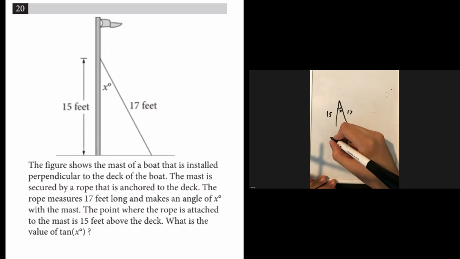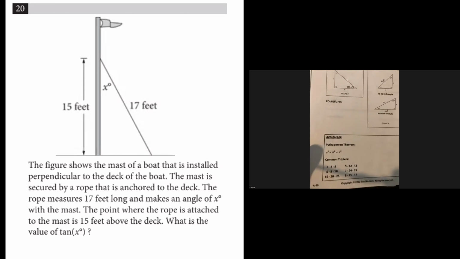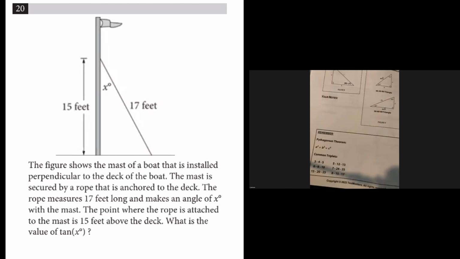So use the term SOHCAHTOA, which gets you tan equals opposite over adjacent. And so we don't know what the opposite is, but since this is a 90-degree angle, this is actually one of the common triplets.